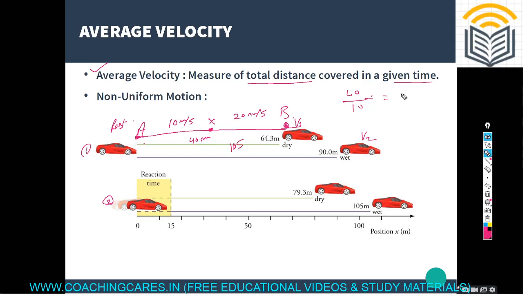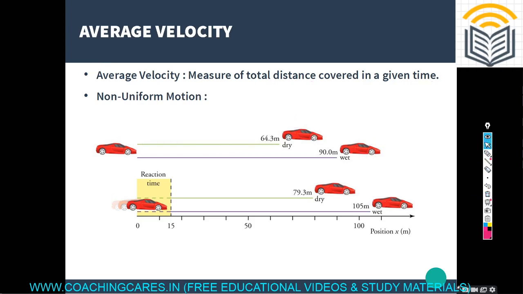So that will be equal to 4 meter per second. That will be the average velocity of this non-uniform motion car. In that way, we'll calculate all the numerical problems.